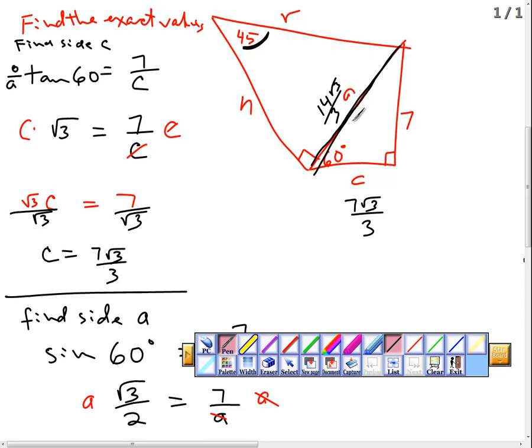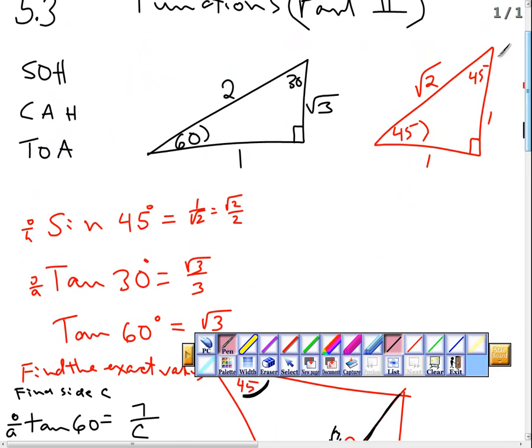Is it opposite, adjacent, or the hypotenuse in relation to 45 degrees? Opposite, right? So if this is opposite, what's N in relation to 45 degrees? Adjacent. So what can we use as far as opposite and adjacent sides? Sine, cosine, or tangent? Tangent, right? Since tangent for 45 degrees is opposite over adjacent is what?